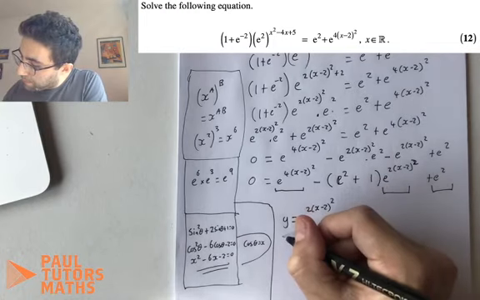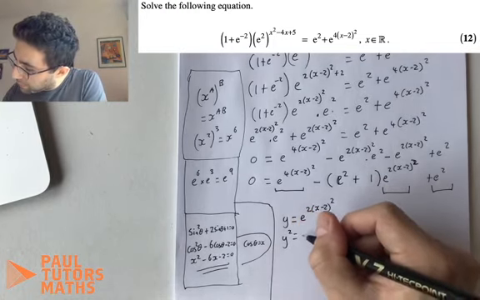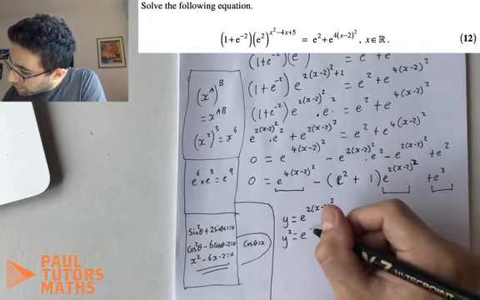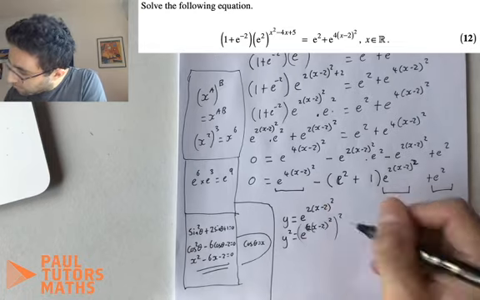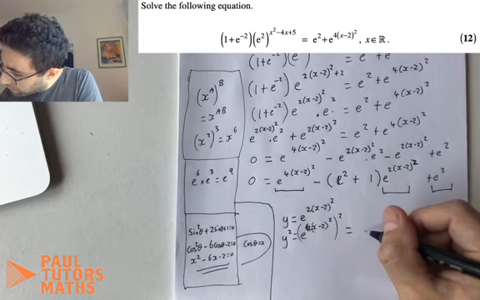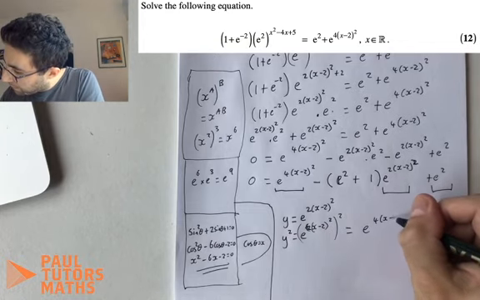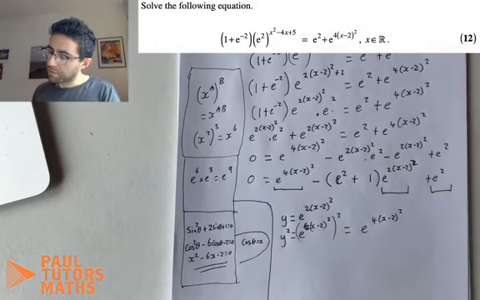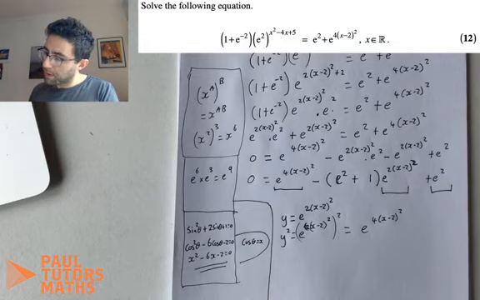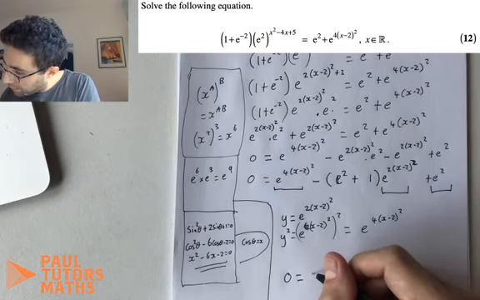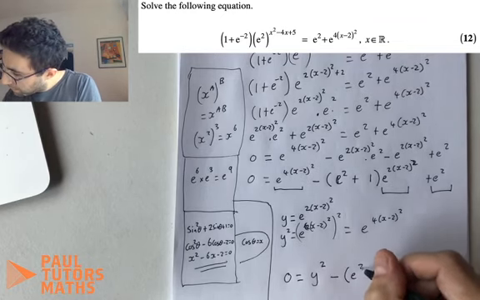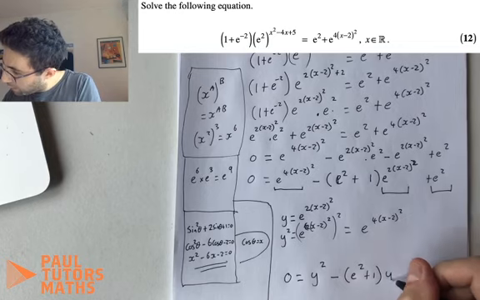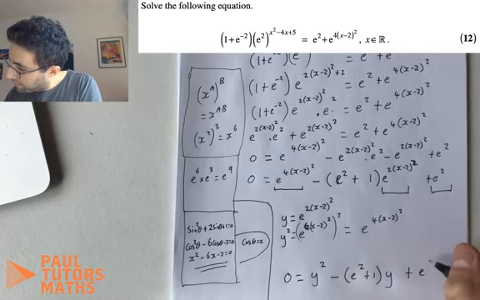So that would mean that y squared equals e to the 2x minus 2 squared all squared, which equals e to the 4x minus 2 squared. Subbing that in, you'll get 0 equals y squared minus e squared plus 1 times y plus e squared.